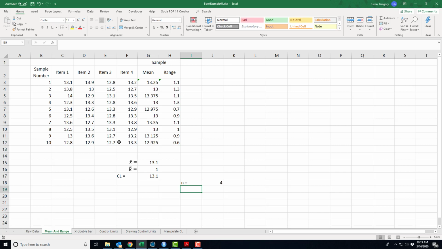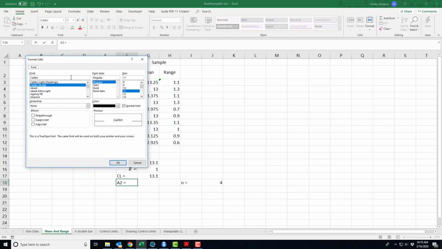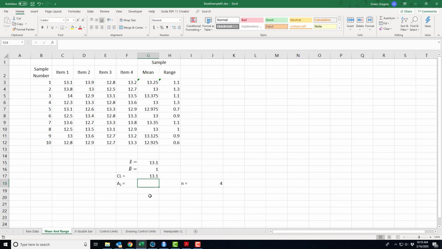I go down the column labeled sample size until I find the number 4. And when I find the number 4, then I can put in a value for A2. The value for A2 is 0.729.